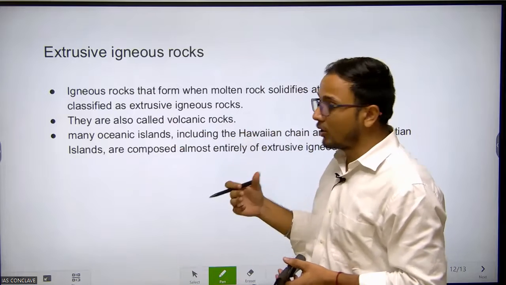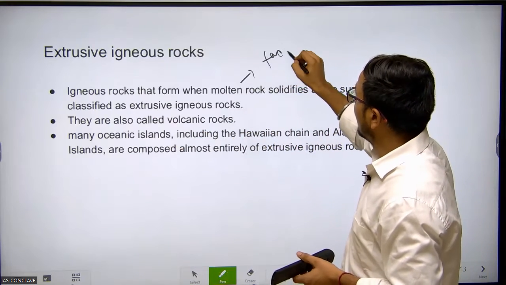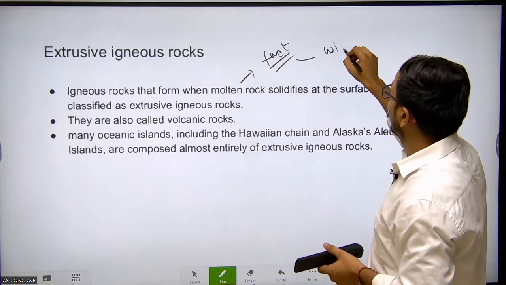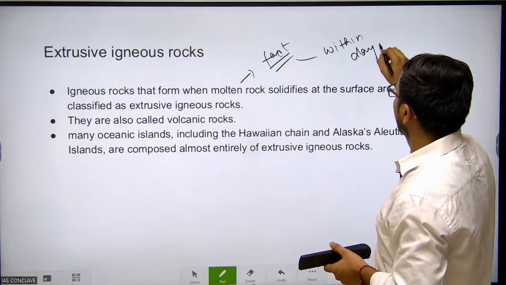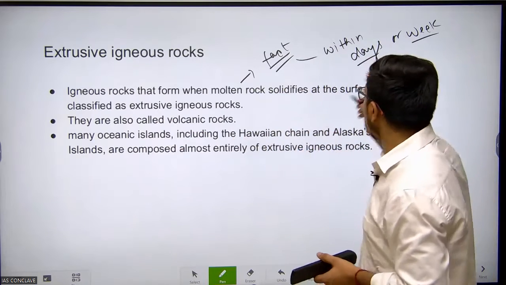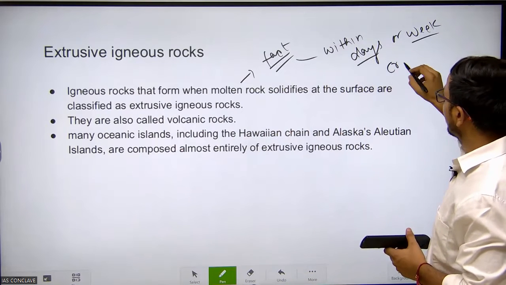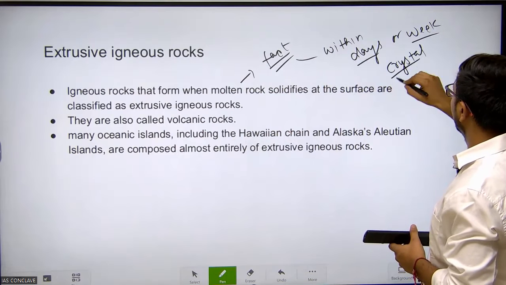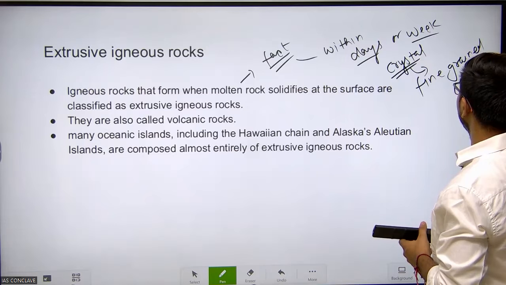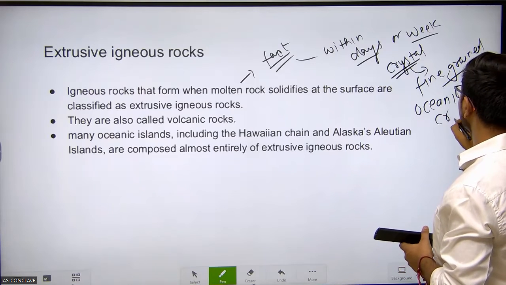If this molten material is exposed to the earth's surface, it is a very fast process, and the molten material cools and solidifies within days or weeks. So within days the rock crystallizes, and the crystals are very fine grained. The classic example is our oceanic crust.